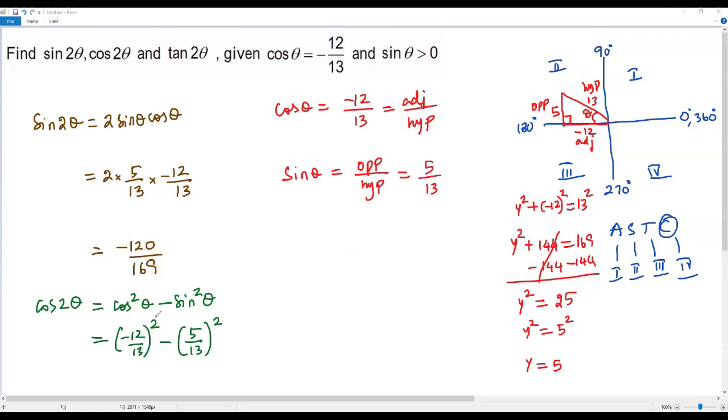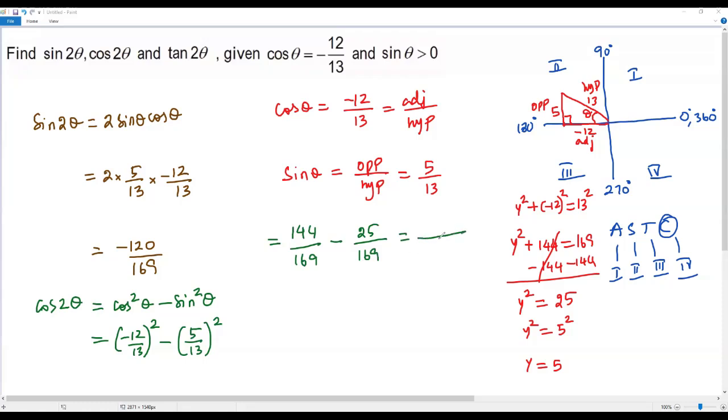So now we have a square for this fraction. Whenever we have an exponent for a fraction, that exponent should be taken separately for the numerator and for the denominator. So 12 squared is 144, and 13 squared is 169. The same thing, 5 squared is 25, and 13 squared is 169.